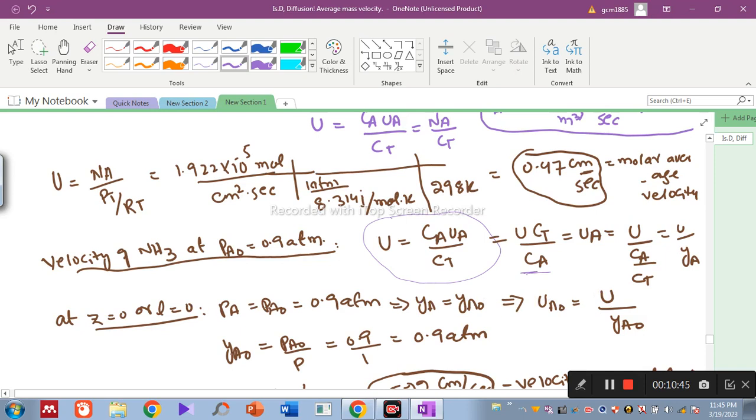Now Ya0 is equal to Pa0 divided by P, where P is the total pressure, which is 1 atmospheric pressure, and Pa0 is 0.9. So Ya0 is 0.9. So 0.47 divided by 0.9 gives us the velocity of ammonia at the Z equal to 0 position.